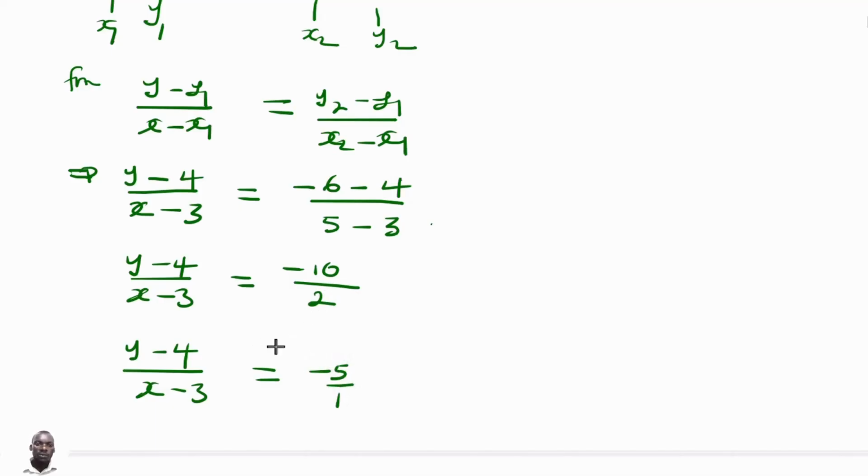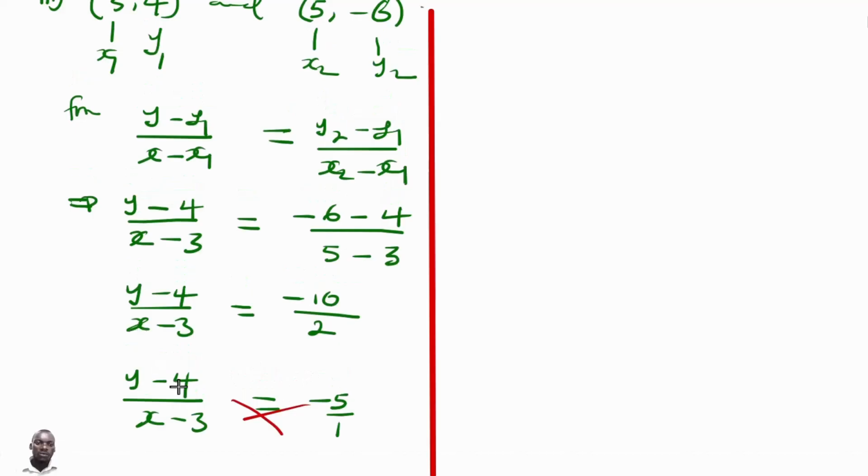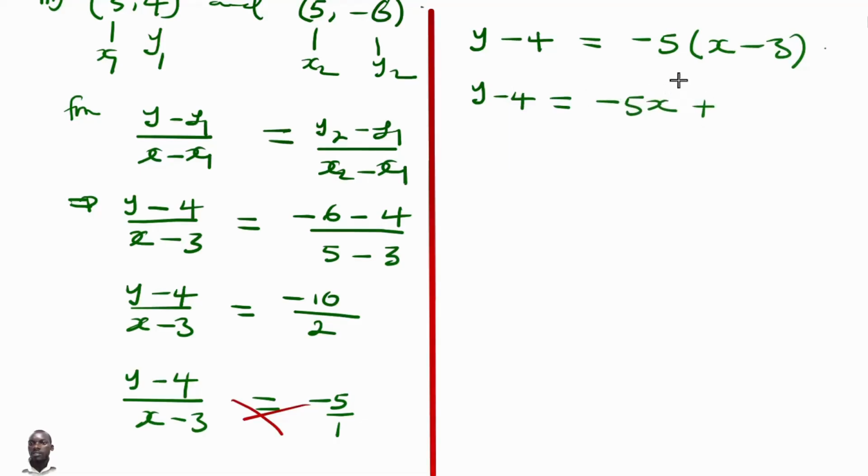Then from this step, we need to cross multiply. So we have y minus 4 equals negative 5 multiplied by x minus 3. So y minus 4 equals negative 5x plus 15, because a negative multiplied by a negative gives a positive.